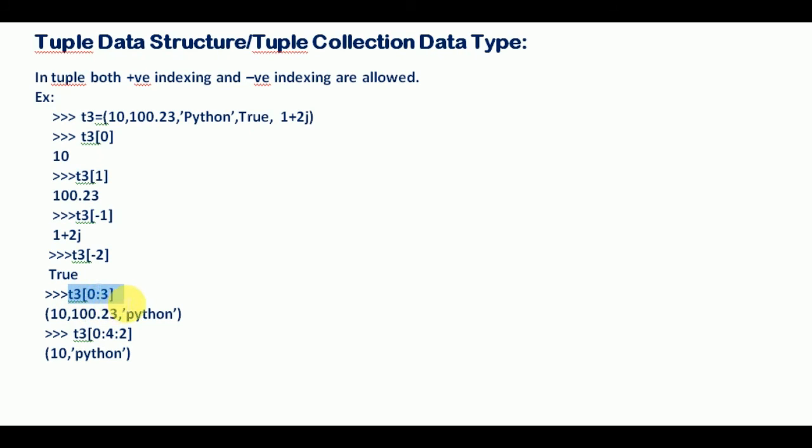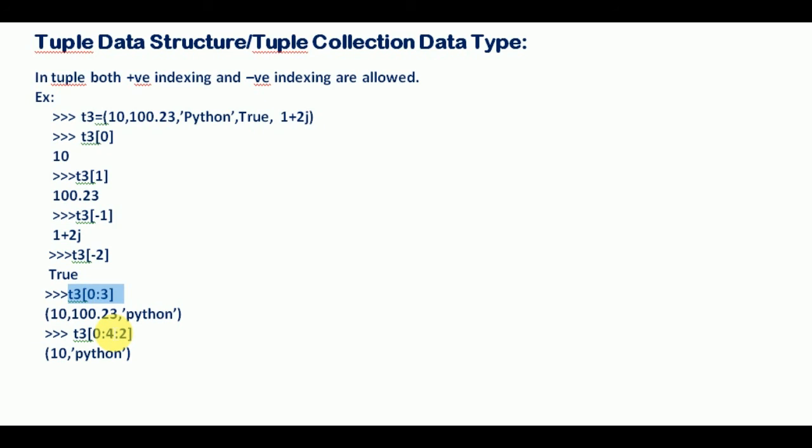Now this is T3 of 0, 3. Here 0 is the starting point from where the elements of the tuple should be printed, and 3 is the position up to which we want to print elements on the screen. So 0, 1, 2, gives Python, 100.23 and 10.